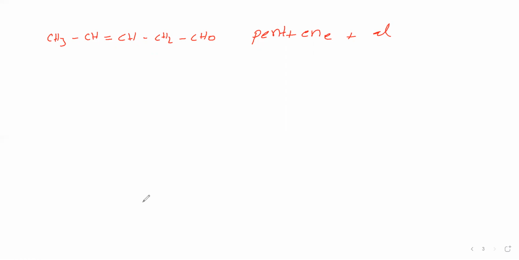Now here we have to give numbering such that the aldehyde carbon should get the least position. Therefore, we will start number 1 here, then 2, 3, 4, 5. Now, this double bond is present between the third and fourth carbons, therefore the position of the double bond is 3.